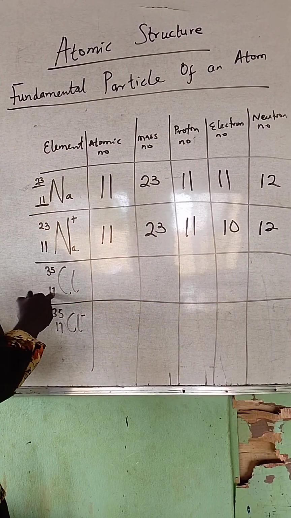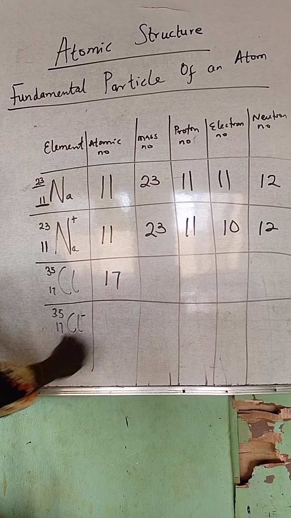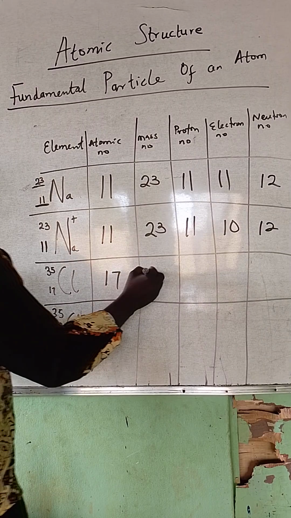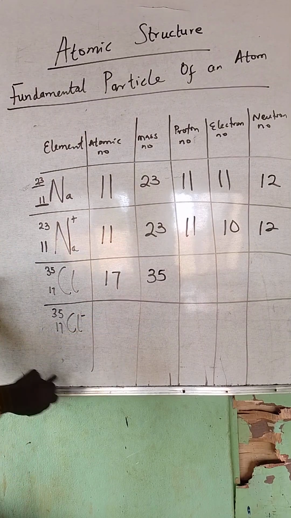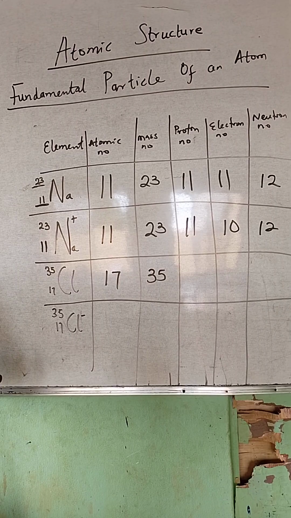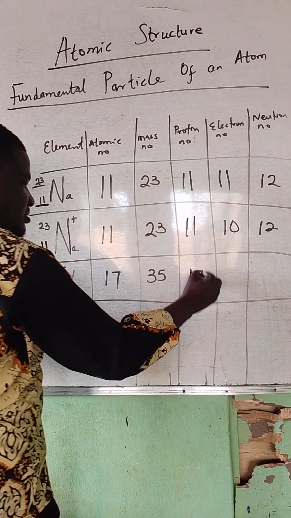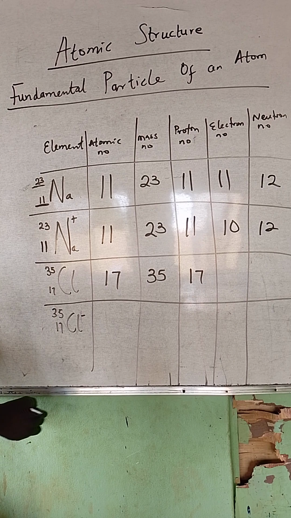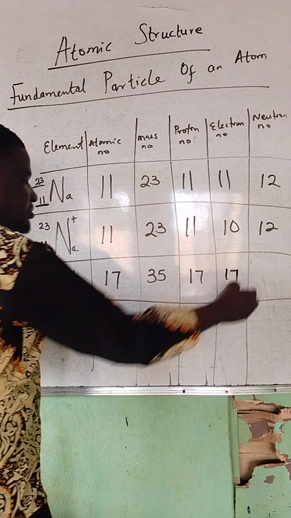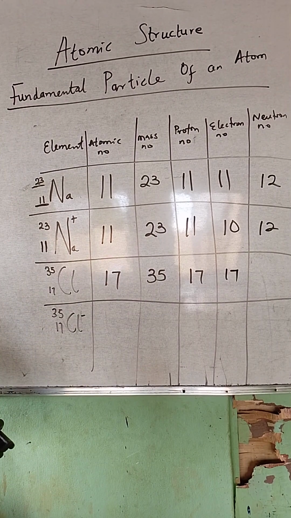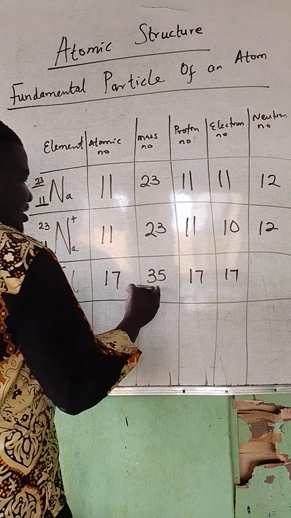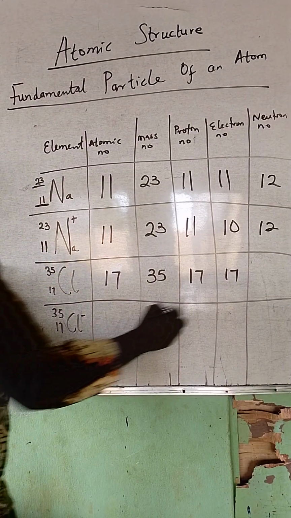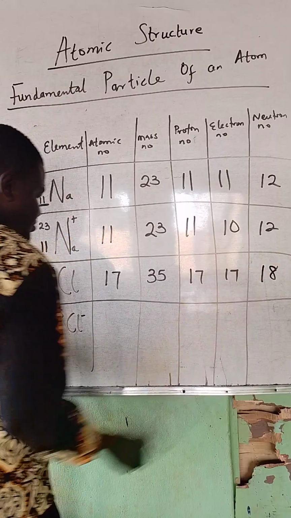Now, this one, the atomic number is 17, the mass number 35, the proton number 17, the electron number 17, then the neutron number is 35 minus 17, that is 18.